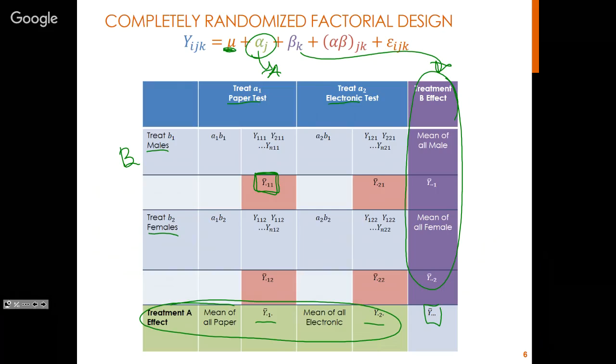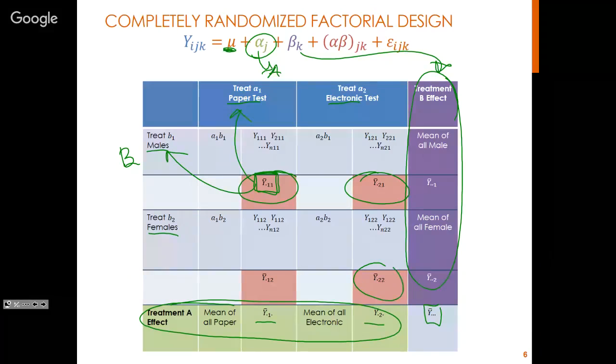This is the mean of subjects in which level of treatment A? Paper. And which level of gender? Male. So if we compare these inside interaction means or treatment combination means, then we can detect if there is an interaction. Good.